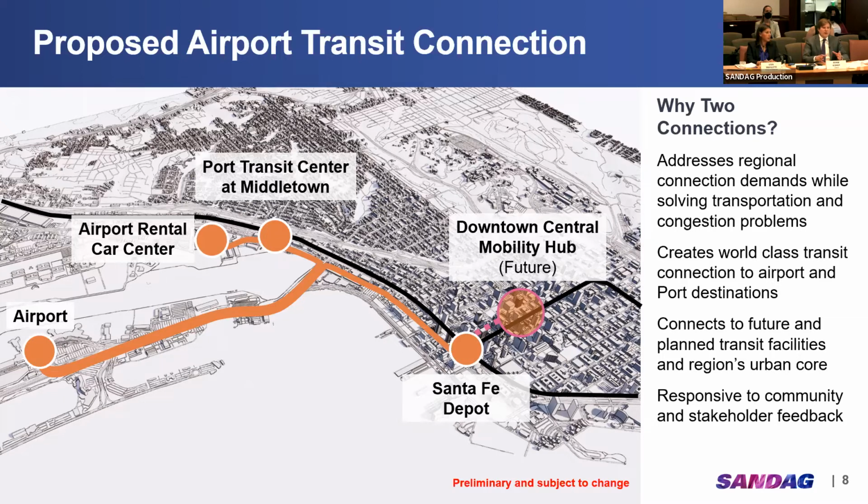And then when you talk about the ability to get from I-5 into Old Town and out versus what we might be able to do with the Port Transit Center with direct access ramps, there's a real difference there. You can get off of I-5, you can navigate surface streets and get into that Old Town Transit Center, but it's not just jumping off a ramp, being able to drop somebody off and instantly being able to exit the airport like you could with a direct access ramp into a Port Transit Center.